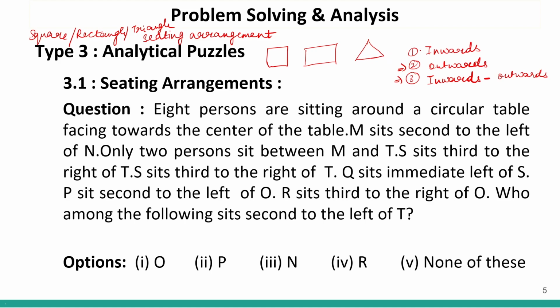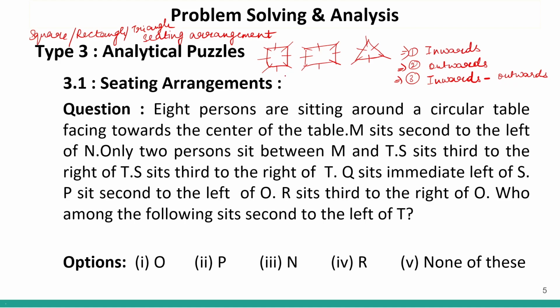So one possibility is that let's say there are 8 people, 1, 2, 3, 4, 5, 6, 7, 8. Similarly 1, 2, 3, 4, 5, 6, 7, 8. And 6 people over here. The possibility is that everybody is facing inwards, everybody is facing outwards, or some people are facing inwards, some people are facing outwards.